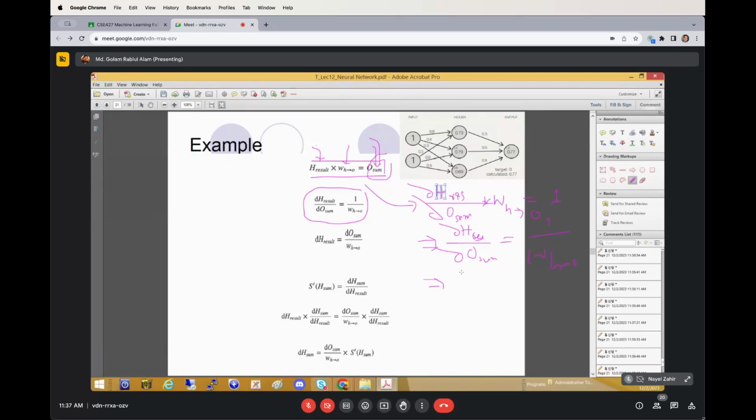From here we can find that the hidden layer results times WHO equals our delta O sum.